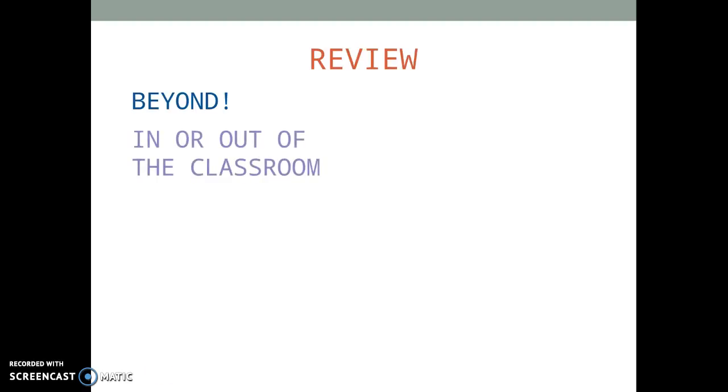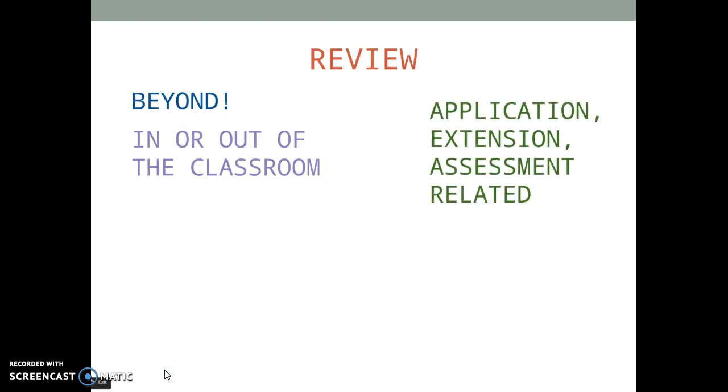So, let's look at the elements one more time before moving on to assessment. Application and extension activities go beyond the lesson. They can be in or out of the classroom. Application and extension are related in that they are far removed from the original mechanical guided practice from early in the lesson and may be used for assessment.